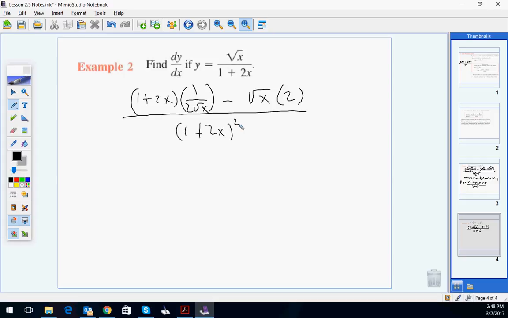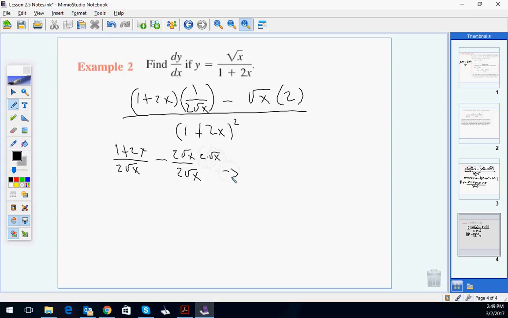Okay, so what I'm going to do here is put this on top, and I'm going to try to get these to have a common denominator so I can put them together as 1. So I'm going to write this as 1 minus 2x. I'm going to leave the bottom the same, so I'm not going to keep writing it. It's going to be on top of 2 root x minus, this is 2 root x. So how do I get that to be over 2 root x? I times it by 2 root x. That's just common denominator work.